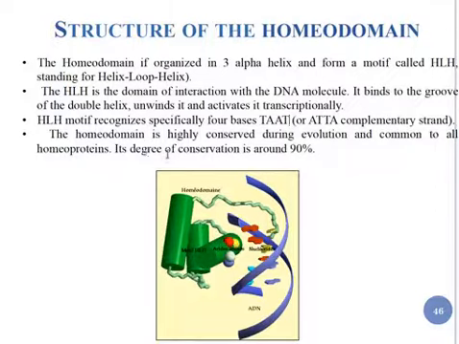The degree of conservation is very high, around 90% between flies and mammals, or even flies and humans. So these genes, due to their very important role in development, are highly conserved during evolution.